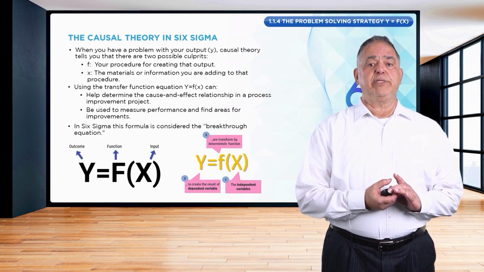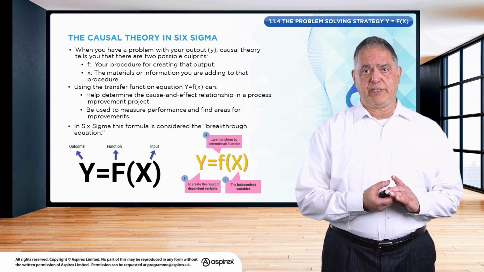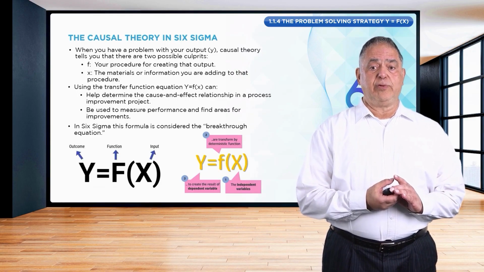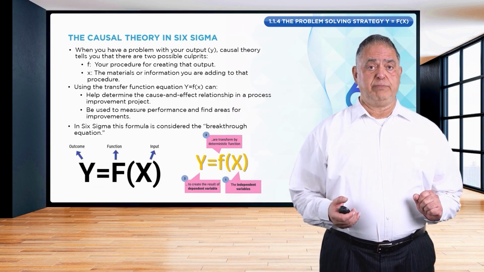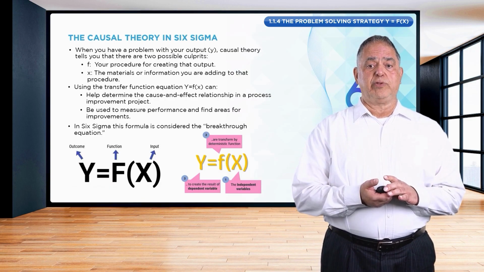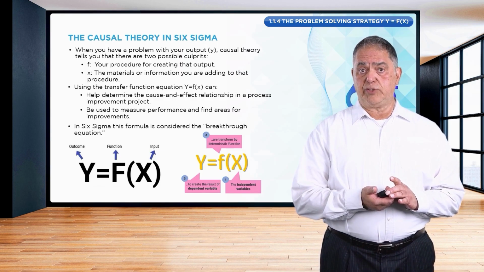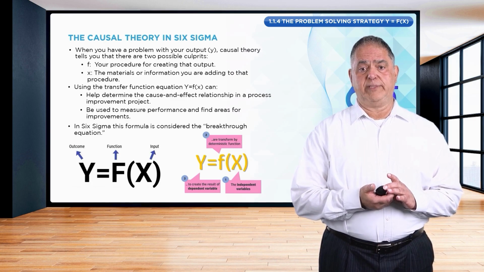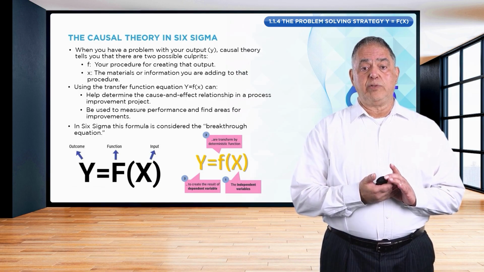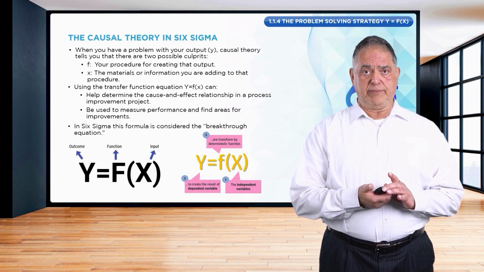So, using the transfer function equation, y equals a function of x, you can help determine the cause and effect relationship in a process improvement project. And this can be used in order to measure performance and determine areas of potential process improvement. So in Six Sigma, this formula is considered to be the so-called breakthrough equation.